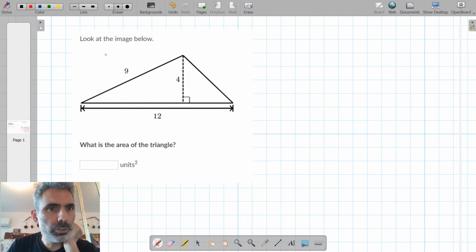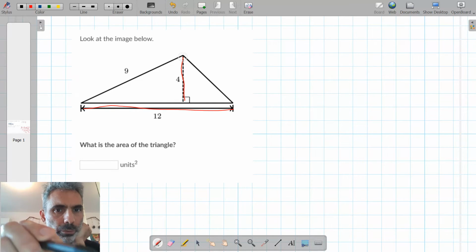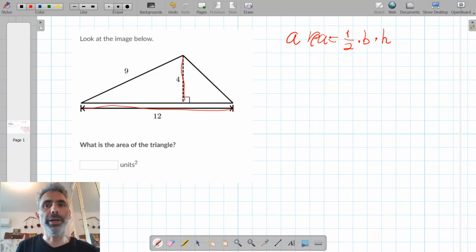Look at the image below. What is the area of the triangle? So we know the base of the triangle is 12. And we know the height is 4. And we know that the area of the triangle is 1/2 times the base times the height.